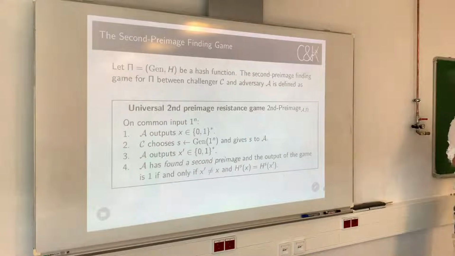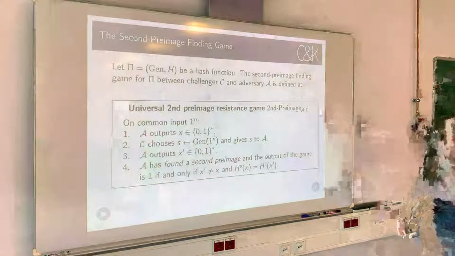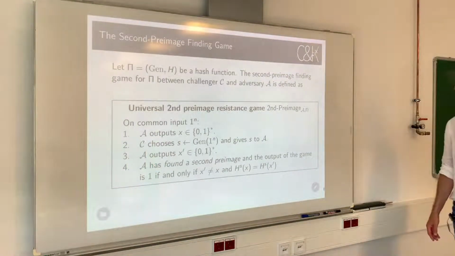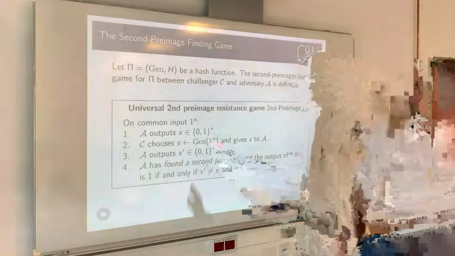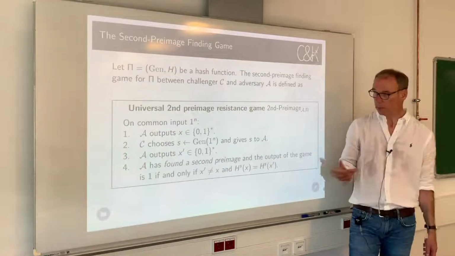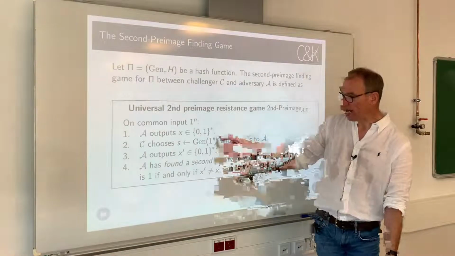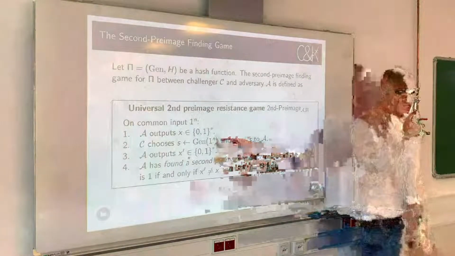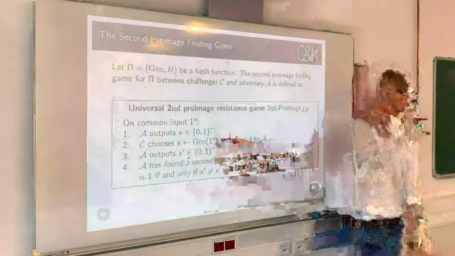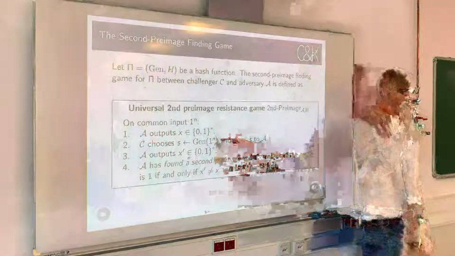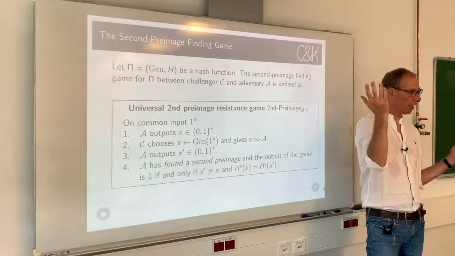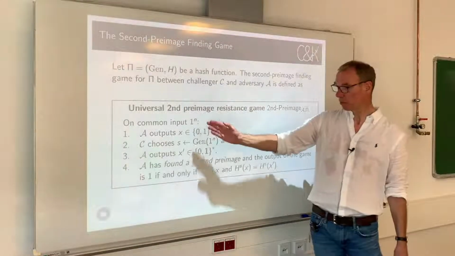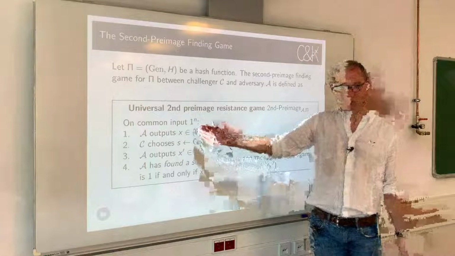So then the universal second pre-image resistance game is defined as follows. The common input is 1^n, so n is a security parameter. Now, A, at the very beginning of the game, is allowed to pick an x from {0,1}* as he likes. So he outputs an x.